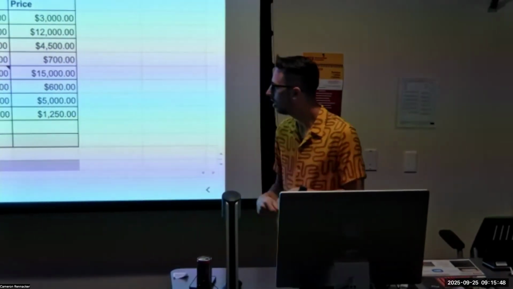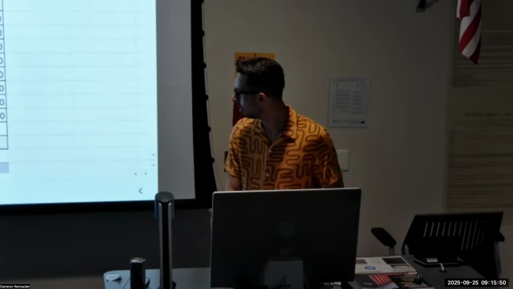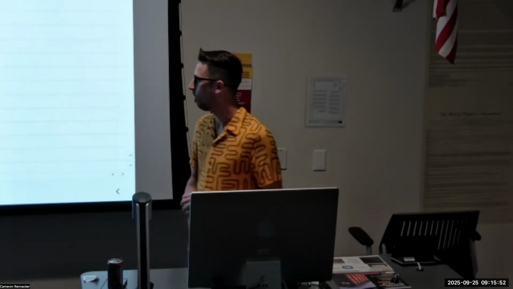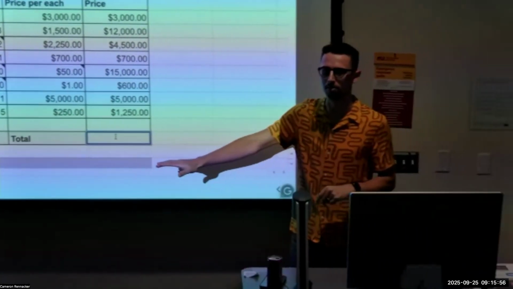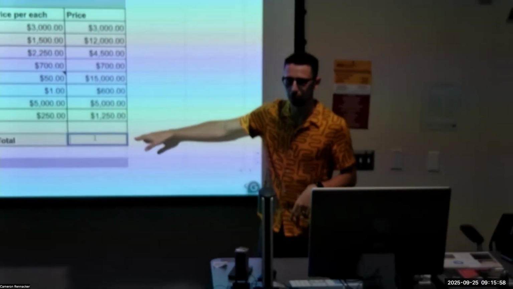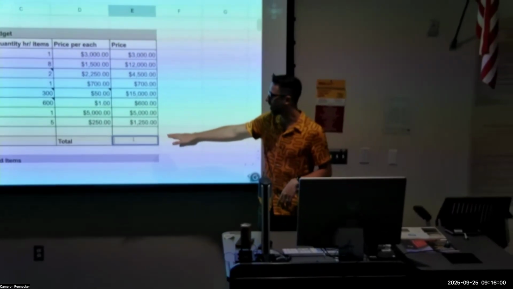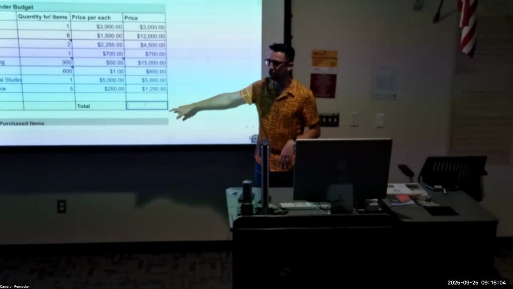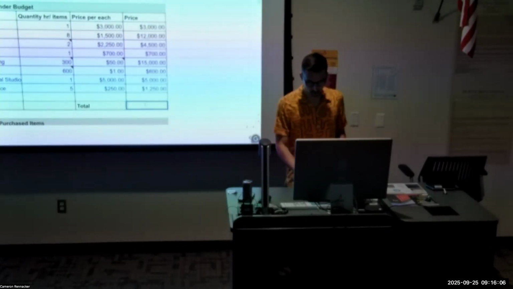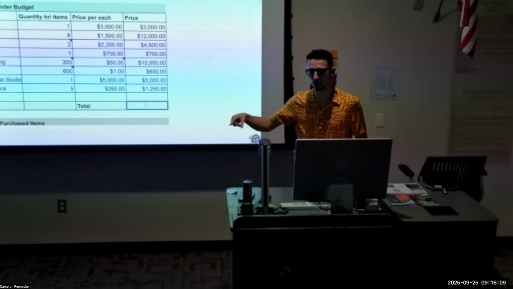Okay. So let's take a look over here. Now I have this total section. So we've talked about formulas a little bit. What do I want to do in order to get that total? Sum. I want to do a sum function. Not SOME, SUM.